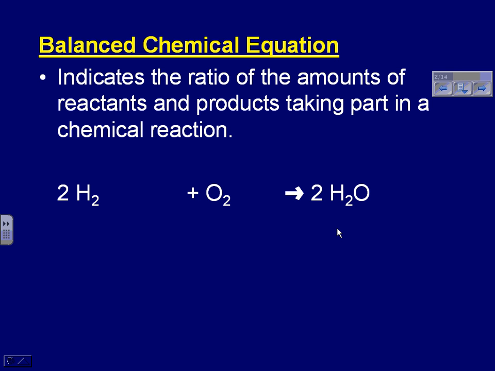We're going to now use these coefficients, the big numbers, in their own conversion factor that's going to allow us to calculate how much of a particular chemical is needed for a reaction, or the question could ask, how much of the product is produced. And that's what is going to finish the procedure of making chemistry mathematical.